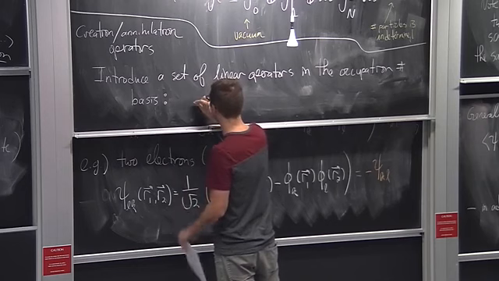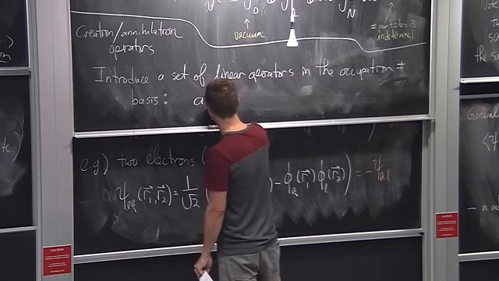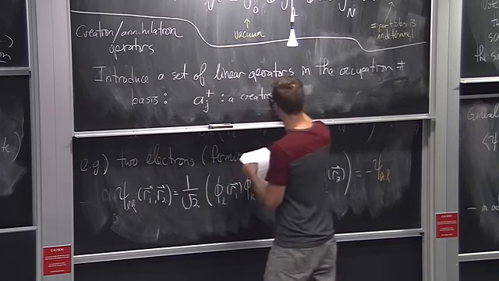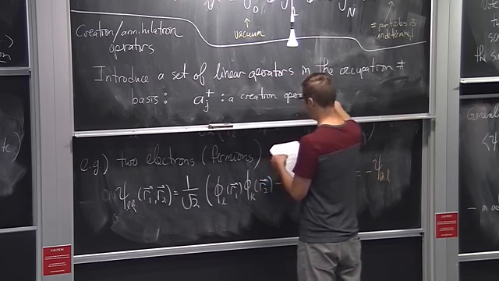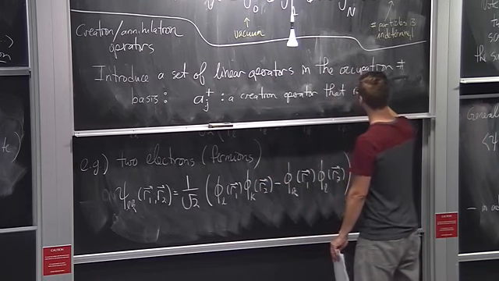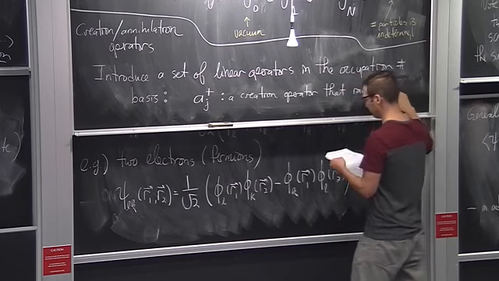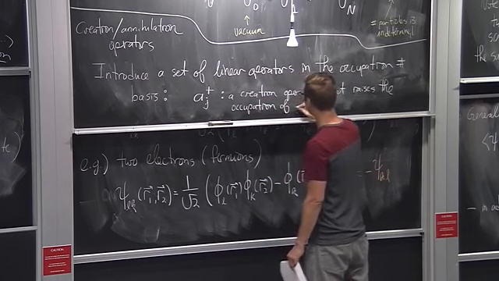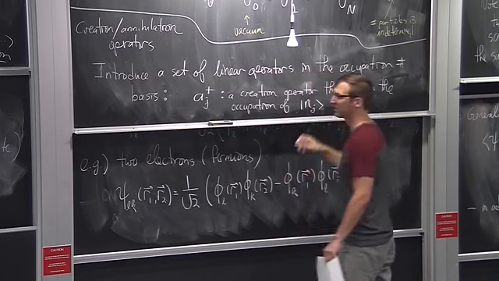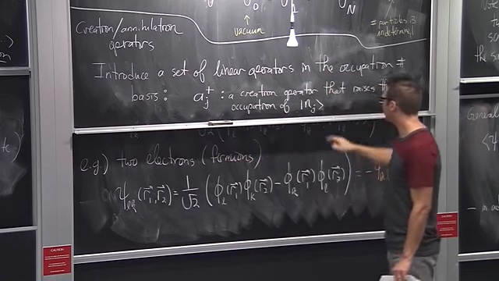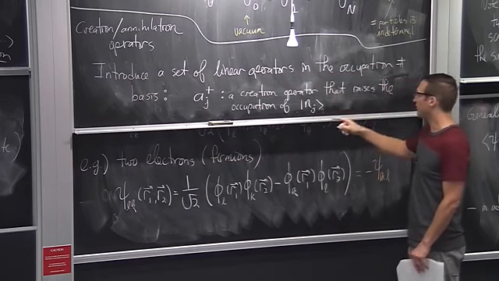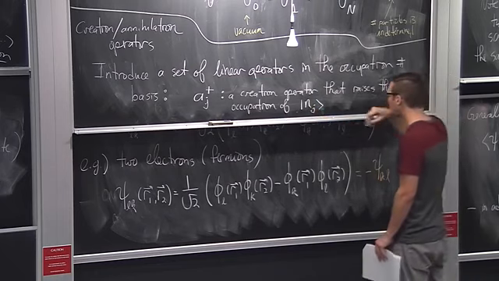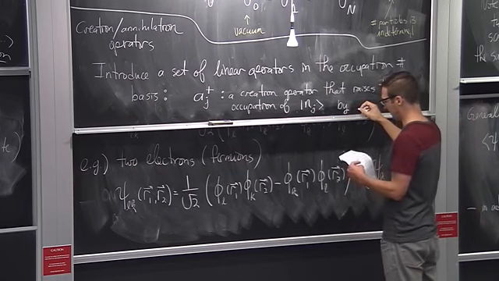Let's call it A dagger J. So A dagger is an operator that raises the occupation of n_j, whatever that number is, by 1.